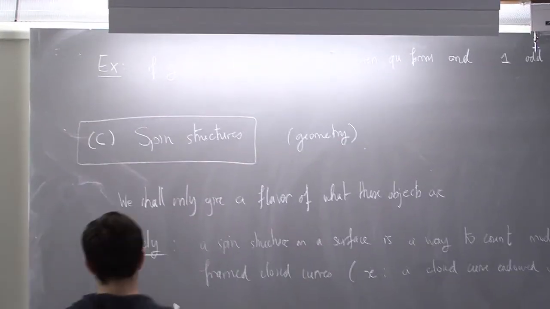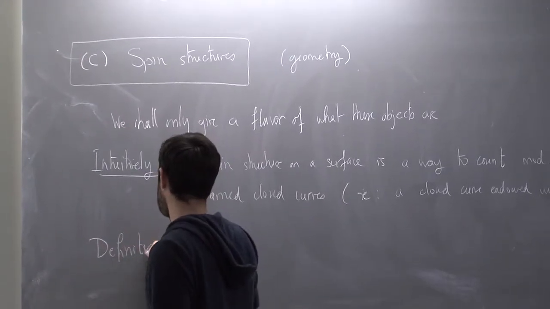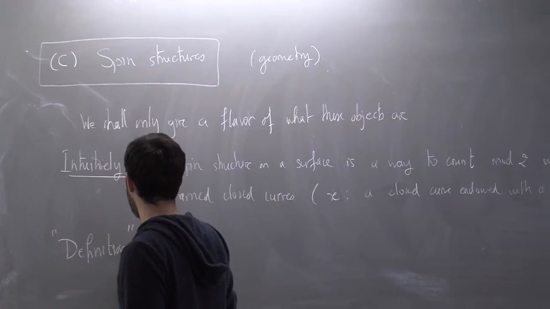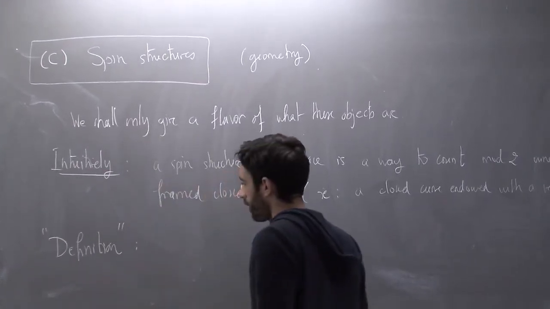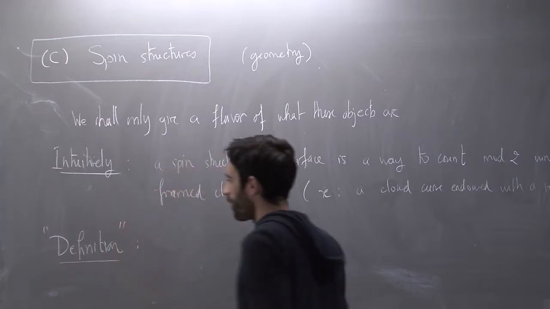So I'm going to put a definition in quotation marks because again, it's not a precise definition at all. But let's just say that this is the kind of object we want to have in mind.